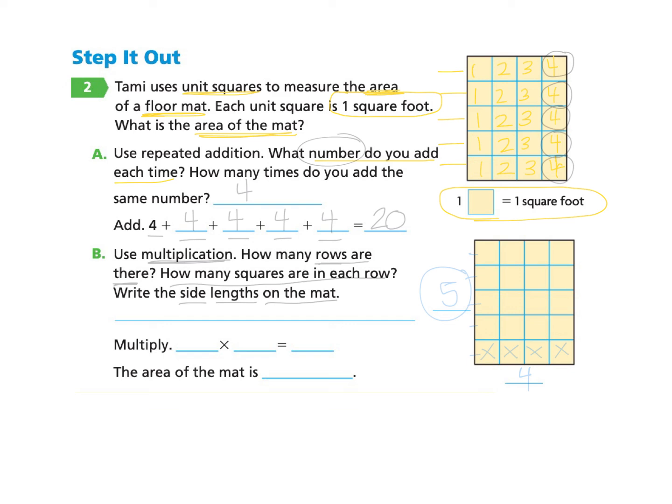So we can answer this question by saying there are 5 rows and there are 4 squares. And then we can multiply and we can write down 5 here and 4 here for the 5 rows and the 4 squares. And when we multiply 5 times 4, we are going to get the answer of 20, and that's the same answer as above, it's just in a different way.